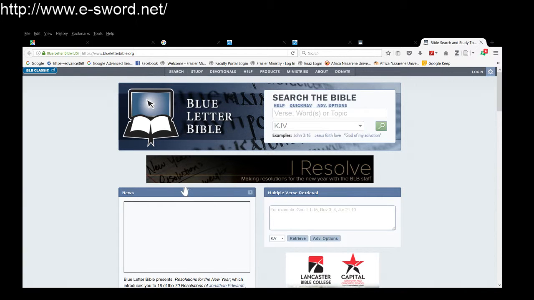Then these numbers across the top of this particular article are very important. They will tell you where you can find other resources on this same word. The word here is zugos. That's the word that is translated yoke in different places throughout the New Testament.